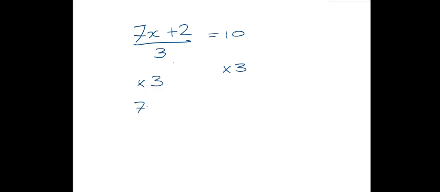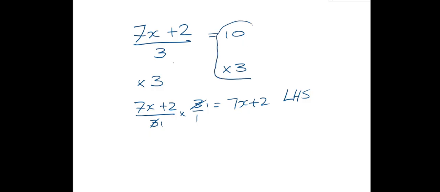Now 7x plus 2 over 3 times 3 over 1, these are going to cancel, they're going to go to 1. So we're left with 7x plus 2 on the left hand side. On the right hand side we have 10 times 3, which is 30.